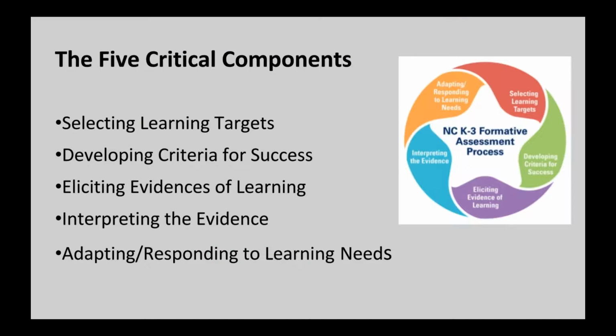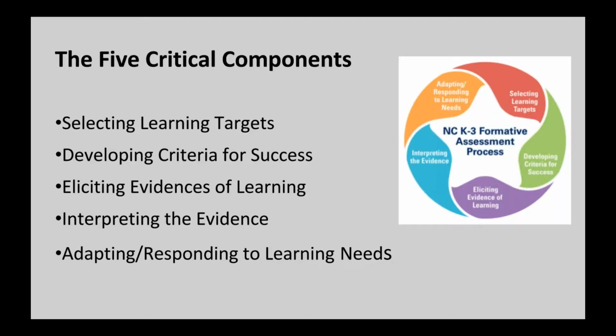And another thing that we wanted to come back to are the 5 critical components of the formative assessment process. So we use these construct progressions as tools to help us engage in this cyclical process where we're continuing to gather evidence and then interpret that evidence, look at the construct progression and think about when the child does this, what does it tell me about what the child knows and where the child is on the progression.